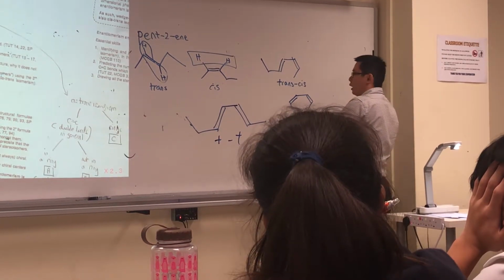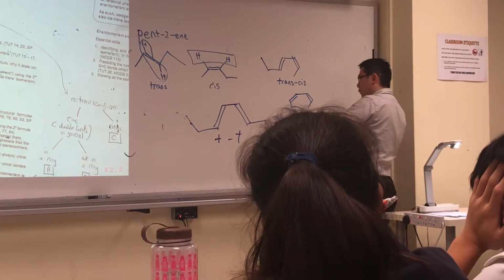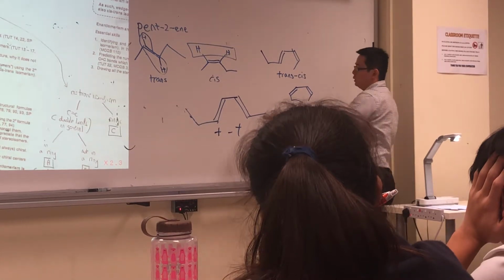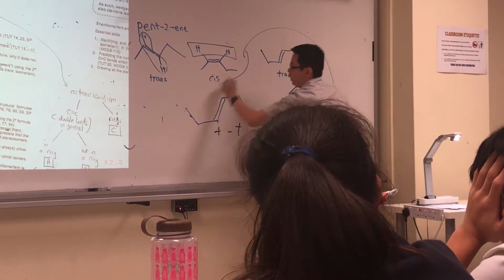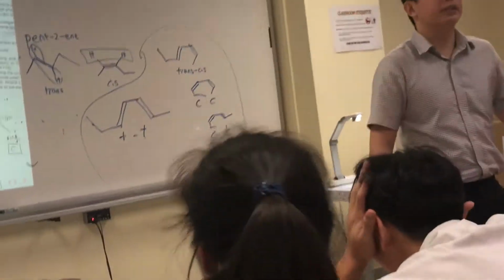And the last one that I haven't drawn yet is cis trans, the first one being cis, and the second one being trans. So these are the 4 different forms of it. All 4 of them, none of them are the same. You have 4 mutually different structures there.